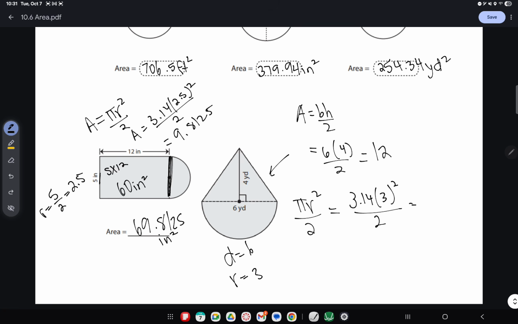See what that gives. 3.14 times 3 times 3 and divided by 2 gives me 14.13. And then I will add these two together for a grand total of 26.13 yards squared.